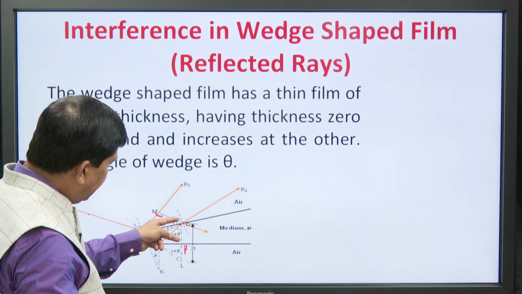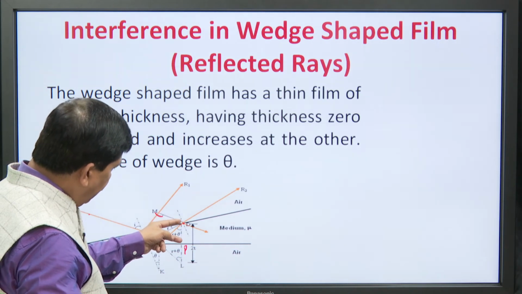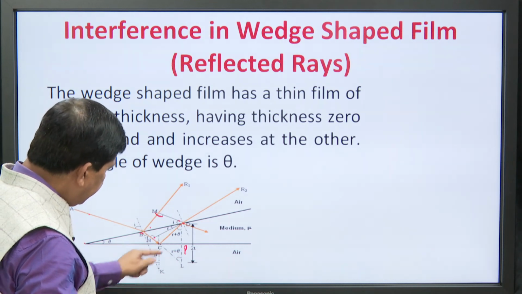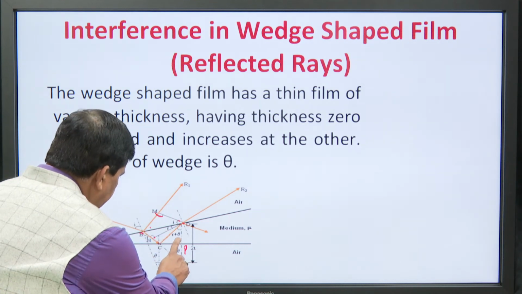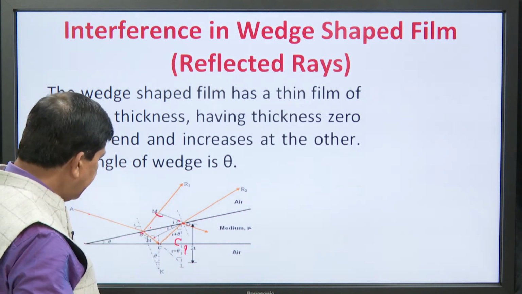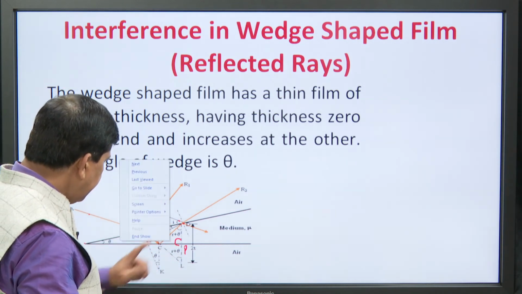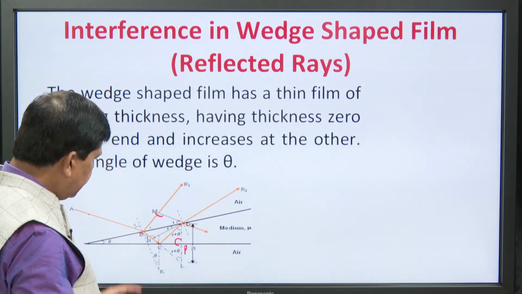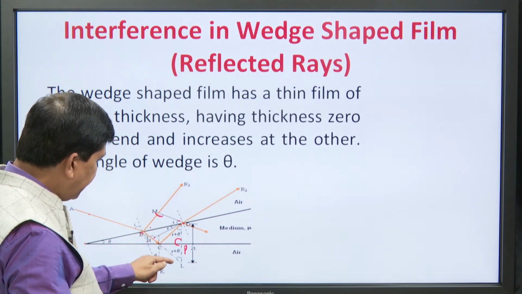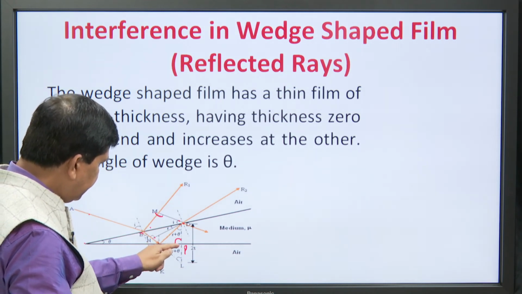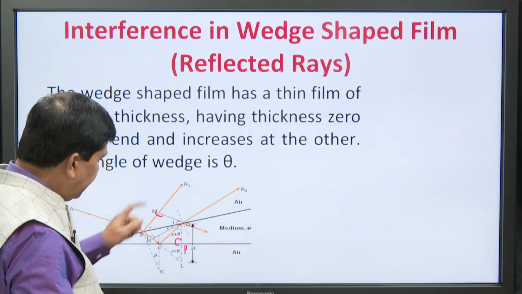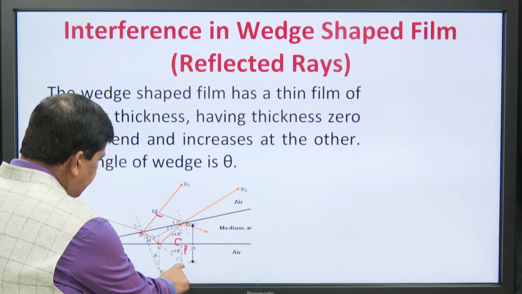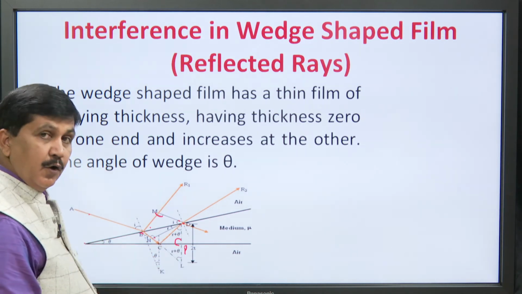We are seeing the maxima and minima of interference corresponding to the thickness of the film T. If this is R plus theta, this is R plus theta, these two angles are 90 degrees and this side CP is common. So, in triangles, when two angles are equal and one side is common, the triangles are congruent. Means triangles CDP and CLP will be congruent triangles.